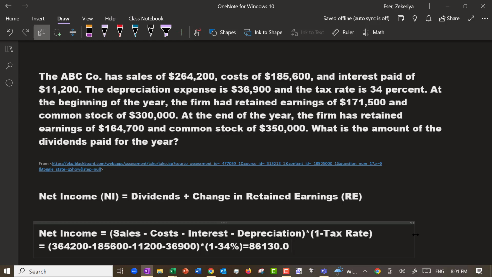So, yes? What do you do with one minus tax? One is the earnings before tax. For each dollar of earnings before tax, I'm going to pay the tax rate. For each dollar, I'm going to pay 34 cents. One is the gross, tax rate is the tax, one minus the tax rate is net.